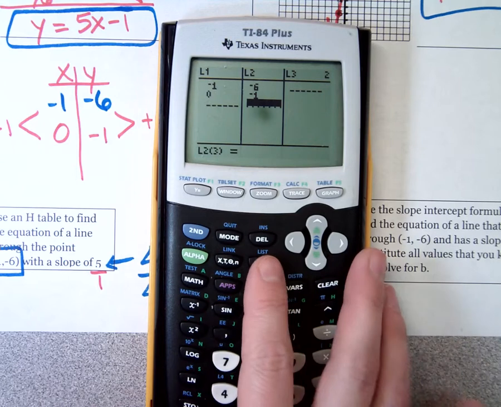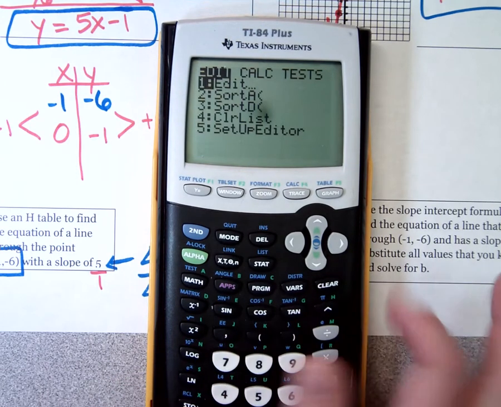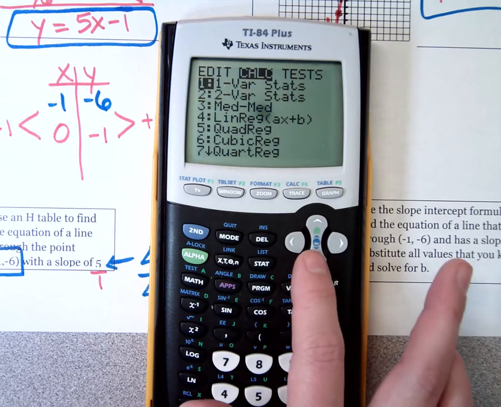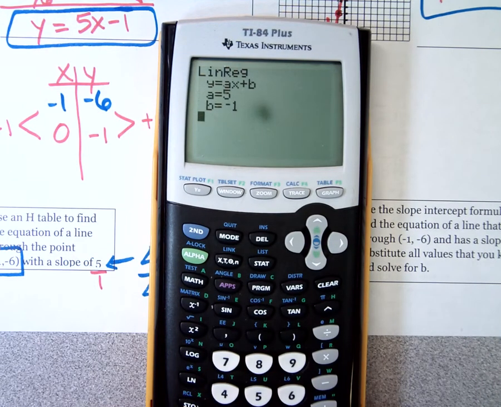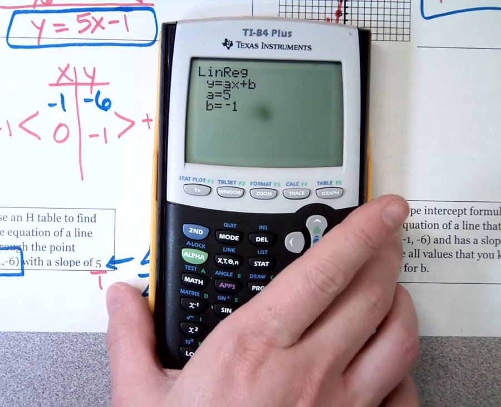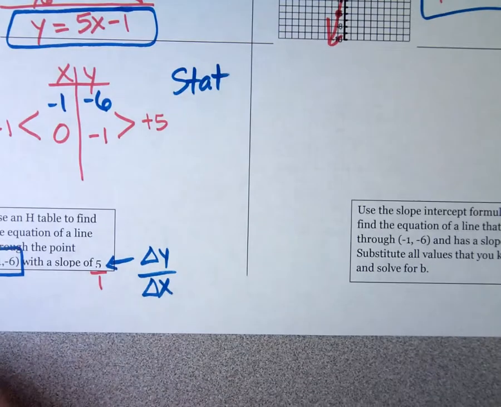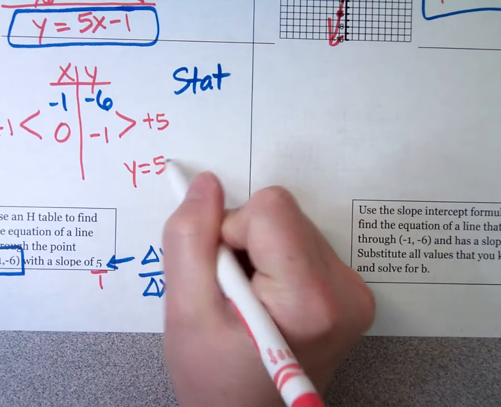And then where do I go again? Stat, and then calculate, and then number 4. Good. Enter, enter. And is that what we got for all those others? Yep. Okay, so y equals 5x minus 1. We omit the last one. Yeah, we'll omit the last one. So y equals 5x minus 1.